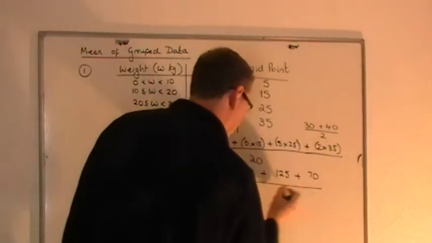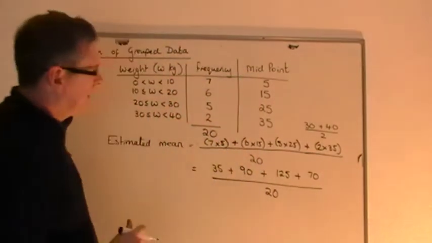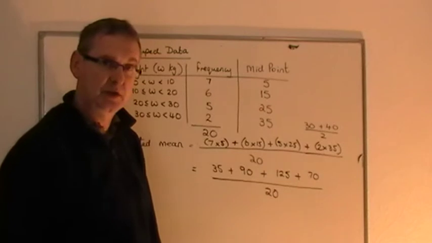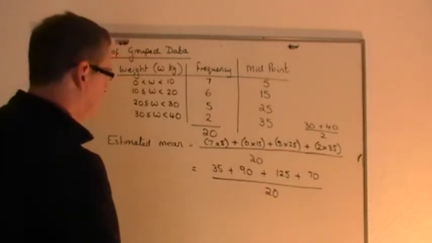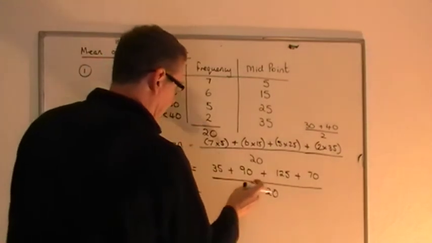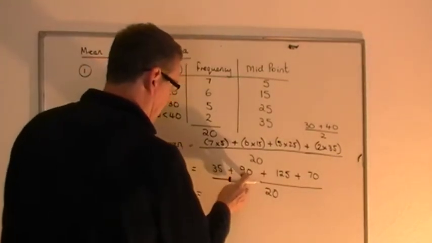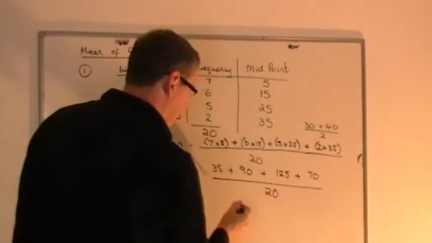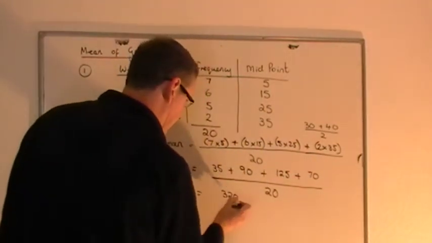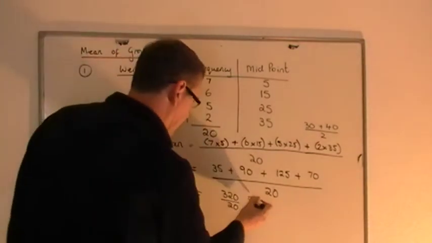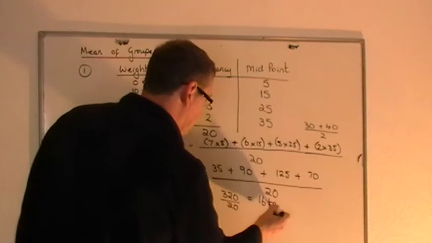And you've got to divide the entire total on the top by 20, because there are 20 different weights in this question, not 4, remember. So let's just work out the top line. 35 and 90 is 125, add 125 is 250, add 70 is 320, and we have to share that by 20. And if you work that out, the answer will be 16 kilograms.